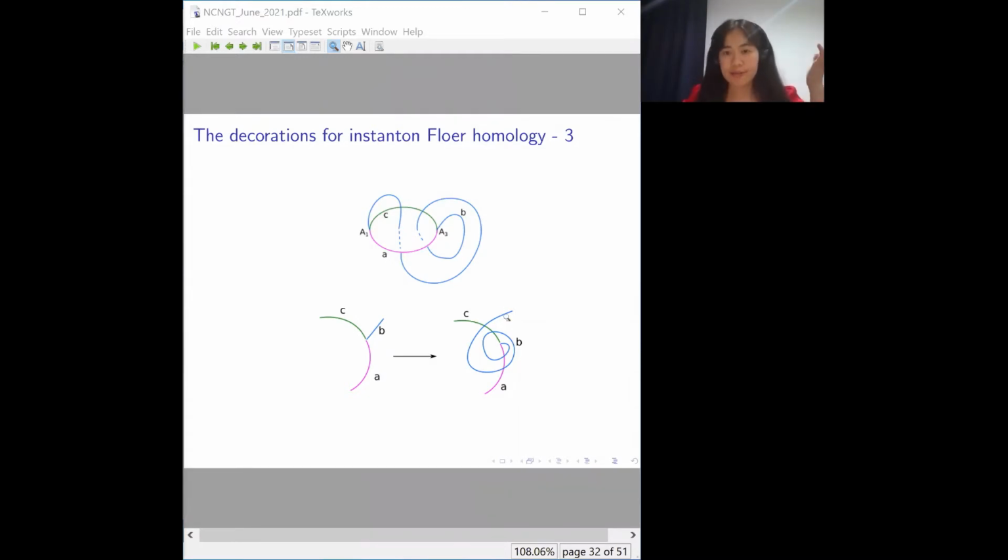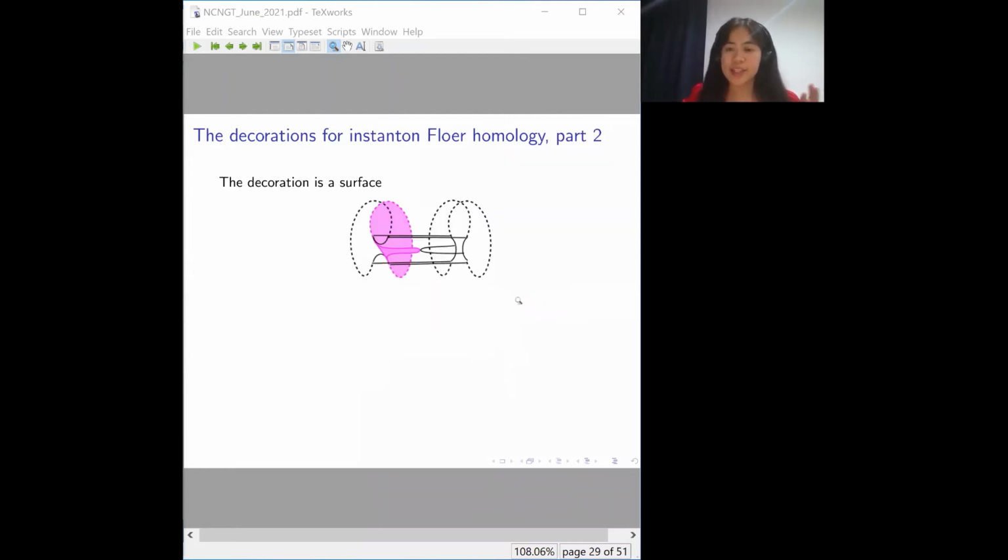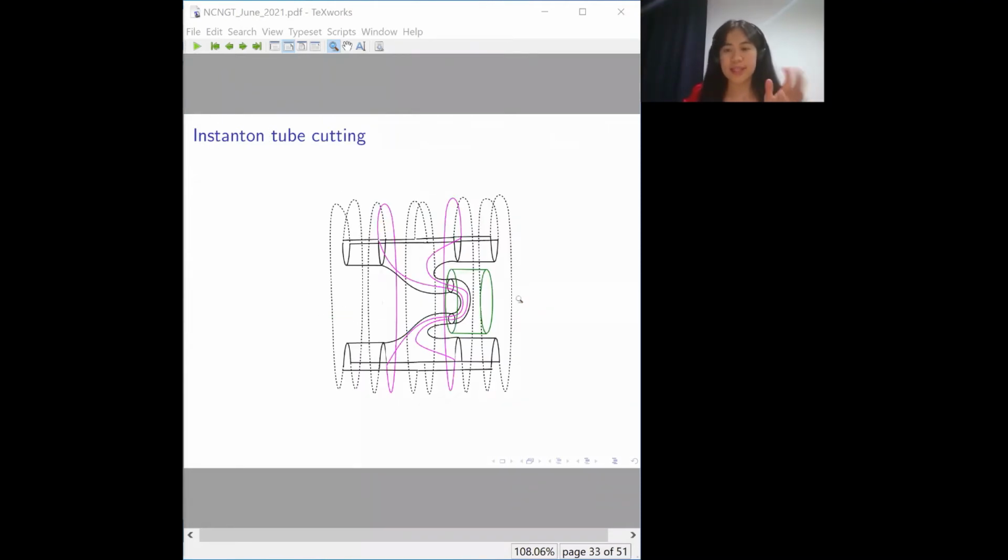After writing down this surface, you now consider, instead of your original cobordism with its mirror, the cobordism with its mirror with this additional decoration on it. So it basically looks something like this.